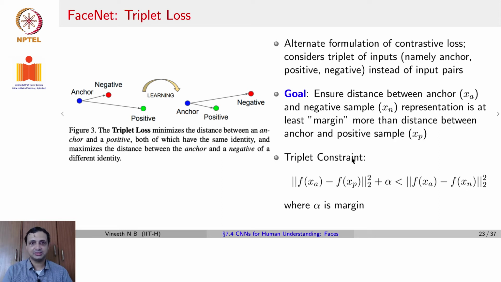We have a triplet constraint that states ||f(xa) − f(xp)||² + alpha must be less than ||f(xa) − f(xn)||². We are saying that the distance of the anchor to the negative sample must be at least a certain margin, alpha, a positive quantity, more than the distance of the anchor to xp, which is the positive sample.